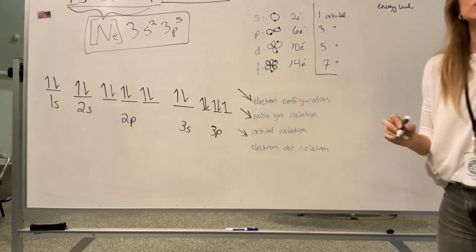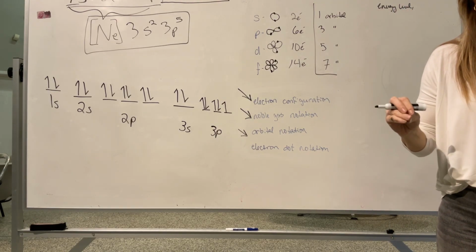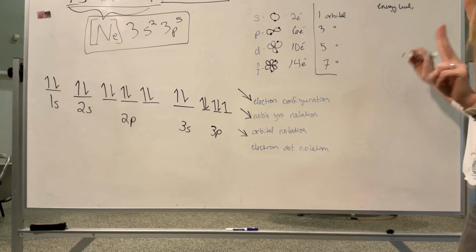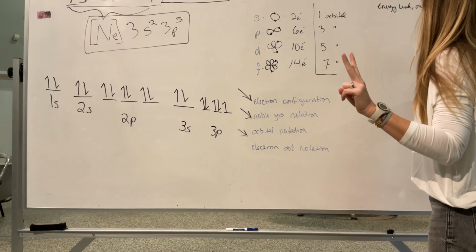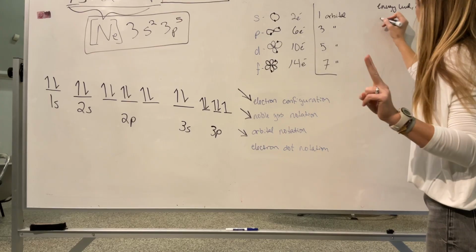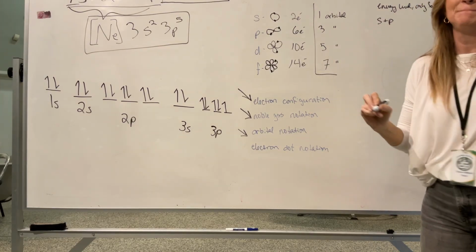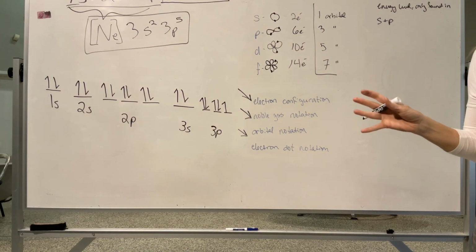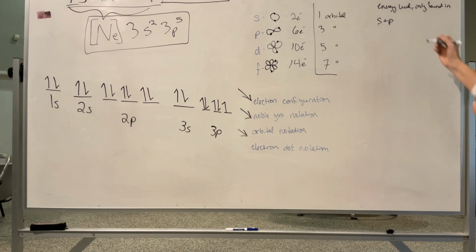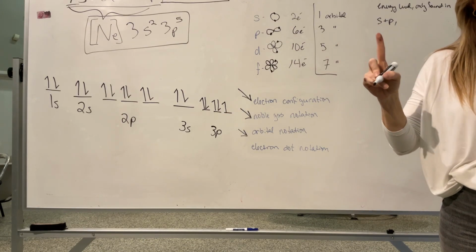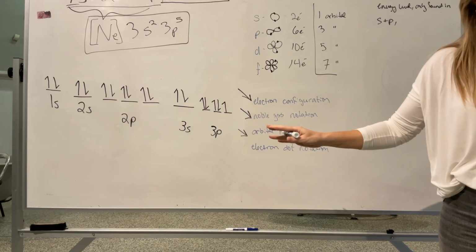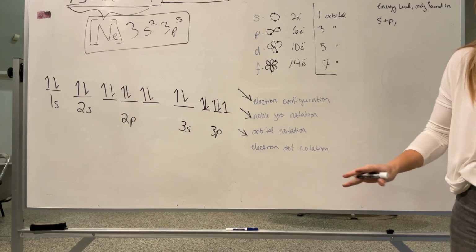They are only found in s and p. In s and p. That's it. And s can hold 2, p can hold 6. So the max number of valence electrons any element is going to have is 8.